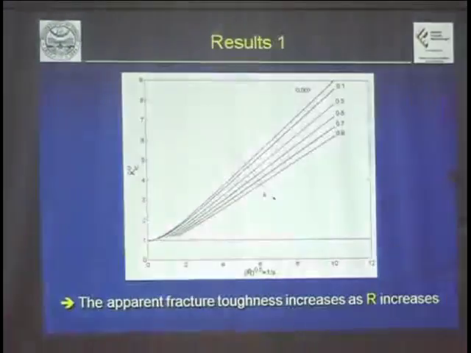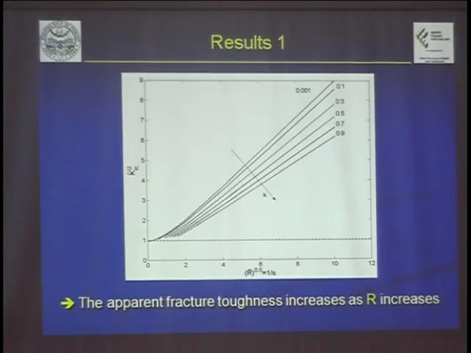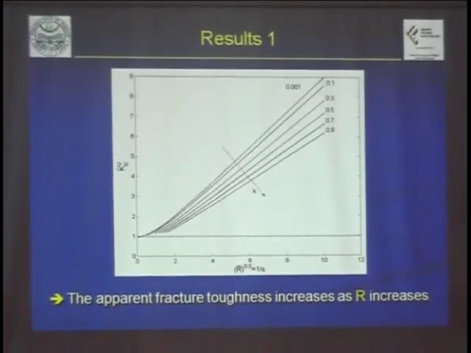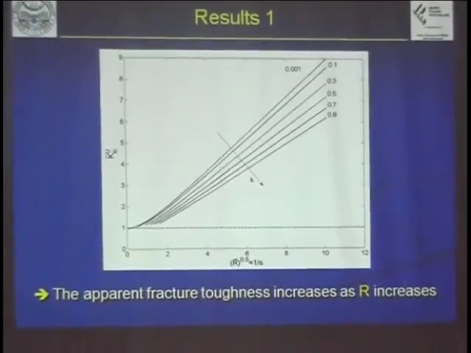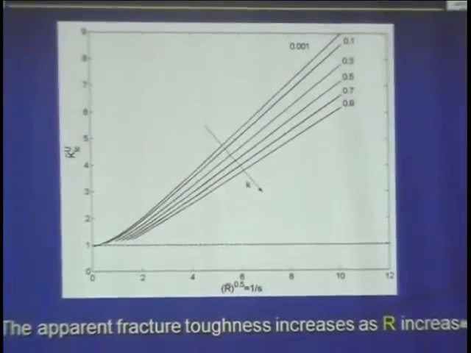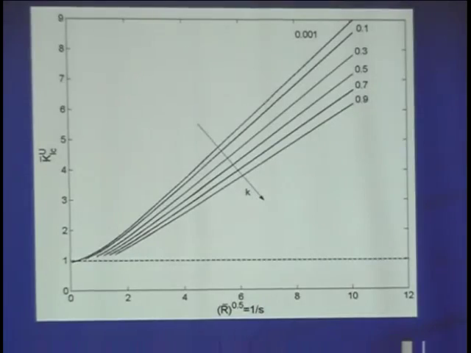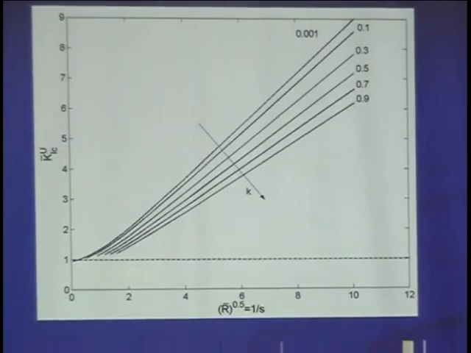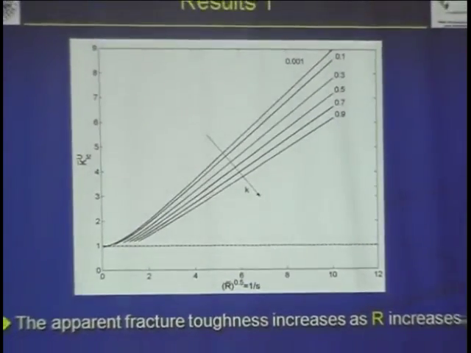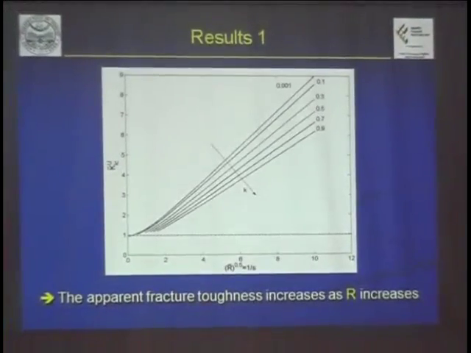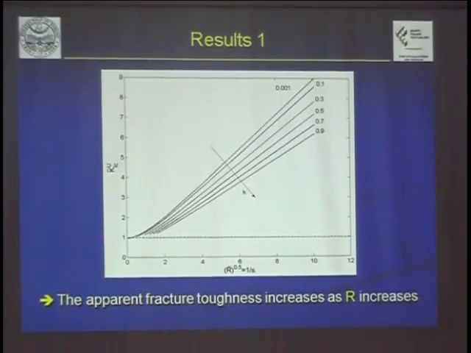And these are the results that we have obtained for the dimensionless apparent fracture toughness, plotted as a function of the square root of the dimensionless notch root radius. As can be seen, the apparent fracture toughness increases as R increases as expected, and this for every k.